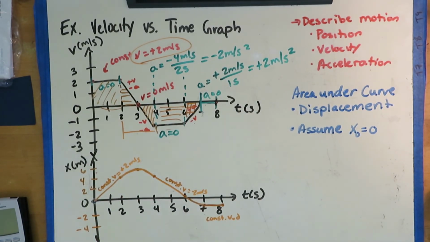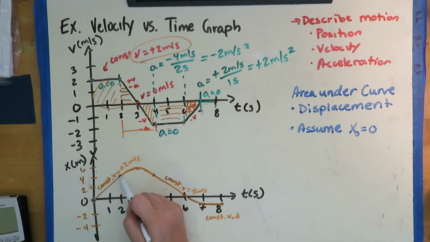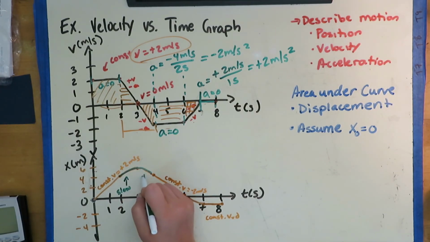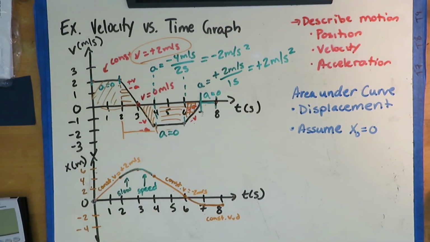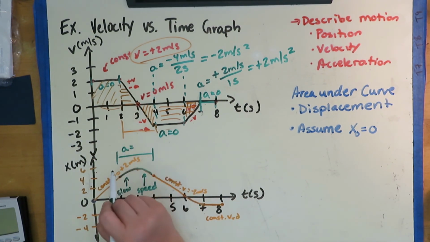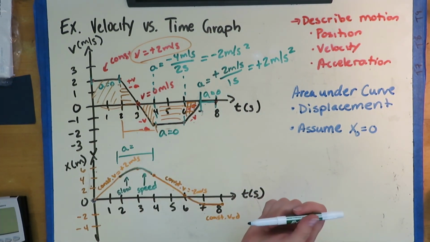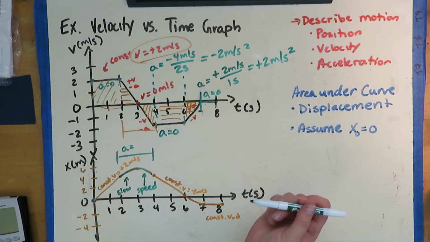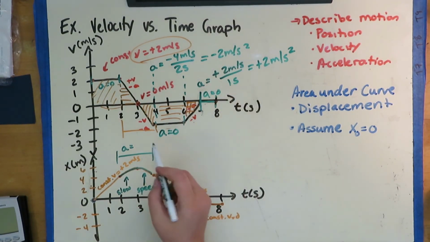And then this curved section right here represents slowing down and then speeding up on that interval right there. And that section right here has a constant acceleration of, what did we determine that acceleration was? For that interval, -2 meters per second squared.